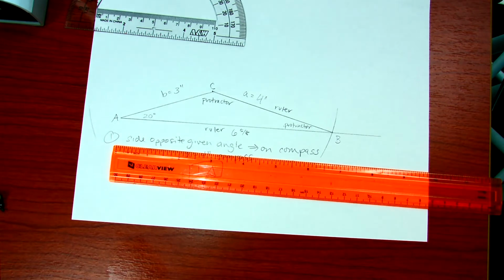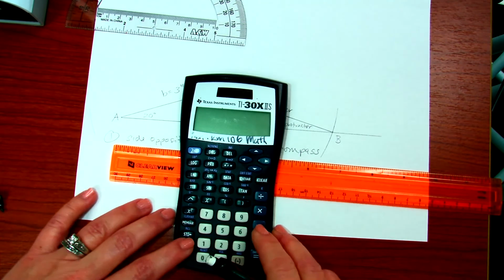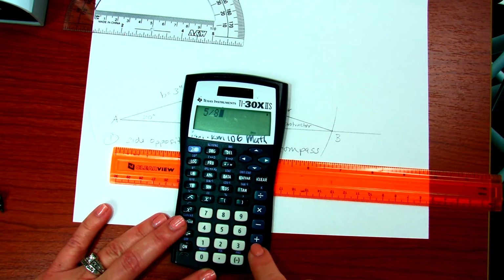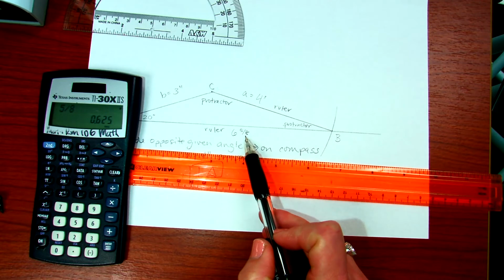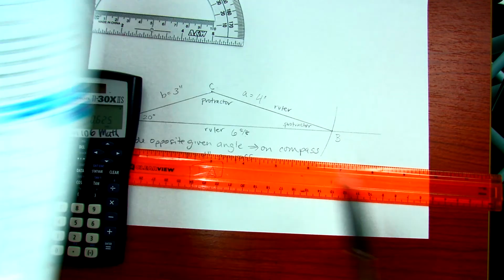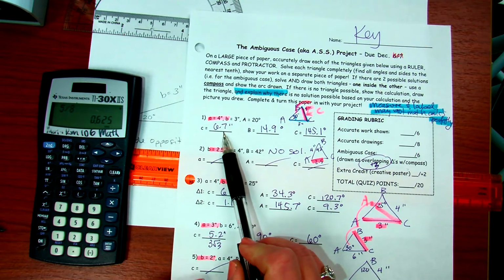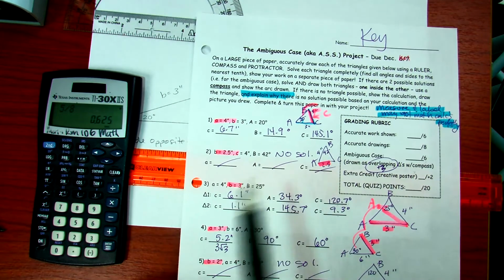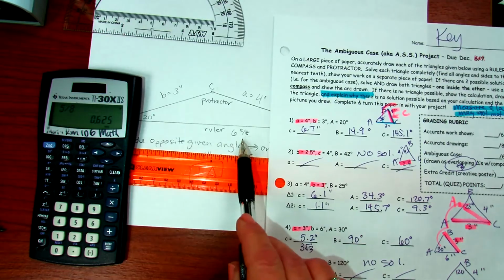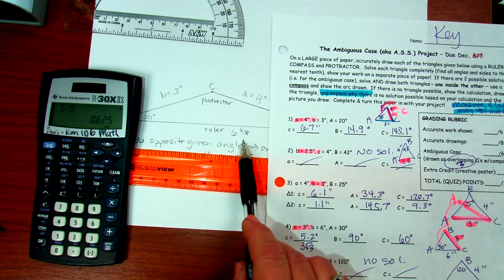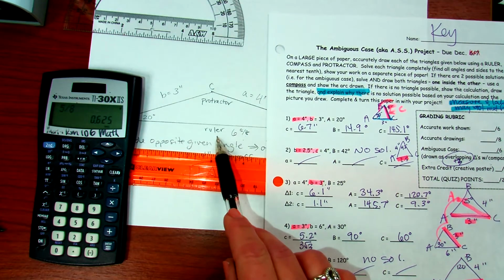If you use your calculator to figure out what 5/8 is, 5 divided by 8 is 0.625. So this is essentially 6.625. If you look at your calculations, you would have gotten 6.7. Those are allowed to have a difference, and in fact, they should. If you write 6.7 here, you will not get full credit because that tells me you didn't actually measure it with a ruler.